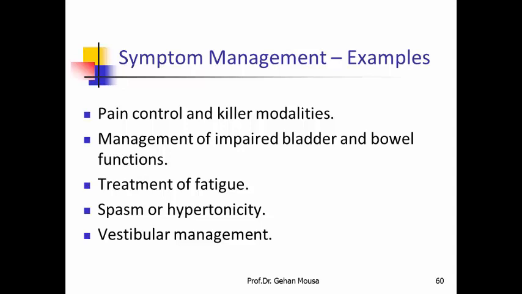Hypertonicity, spasticity, or muscle spasm, if present, we try to control them. Vestibular disturbance is common in these cases, so we will try as much as possible to reduce its effect and the manifestations of vertigo, and we will work on these points.